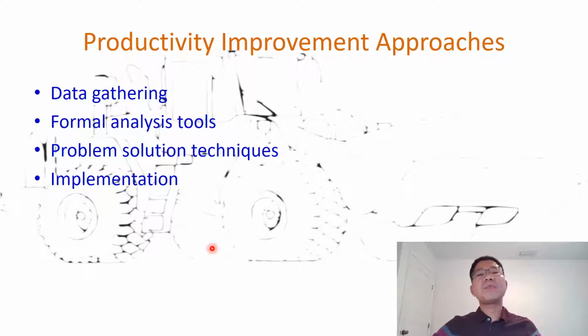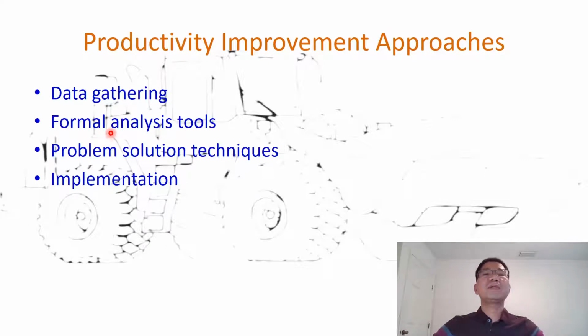What are the approaches to improve productivity, and what are the processes involved? First, we need data. Data is key. So we have a data gathering technique, and then we have a tool to analyze the data so that we see what the issues are, what the potential for improvement is, and then we have a problem.